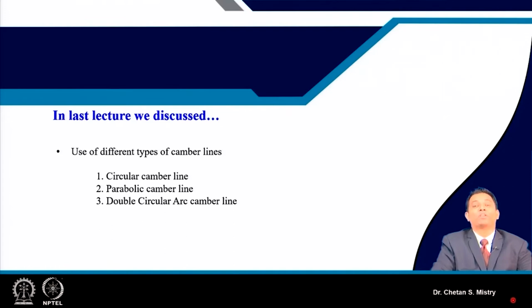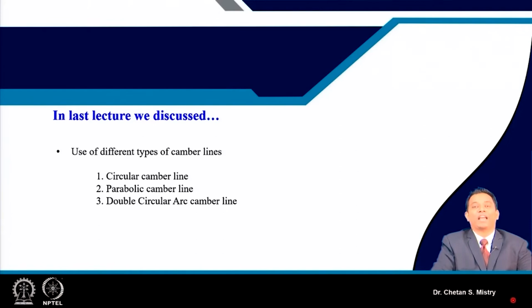The double circular arc gives us more flexibility in terms of the location at which we want the turning of the blade. So we have beta at the junction, and x or percentage chord at the junction point, from where we can modify the shape of the camber line. When we modify the camber line shape, the thickness distribution of the aerofoil also changes.